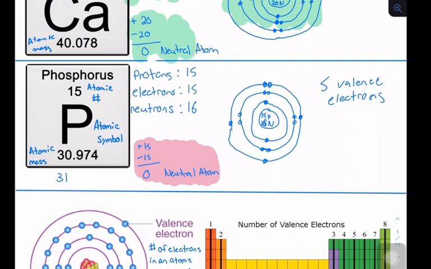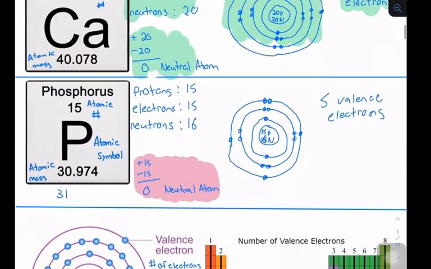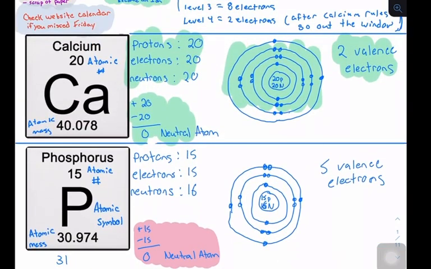Electrons want to follow something called the octet rule, meaning they want to go to the nearest full shell. So some elements, it will be easier for them to lose electrons to get to the nearest full shell. That would be the one like calcium, because it's easier for calcium to lose 2 than gain 6 to get to the next 8.